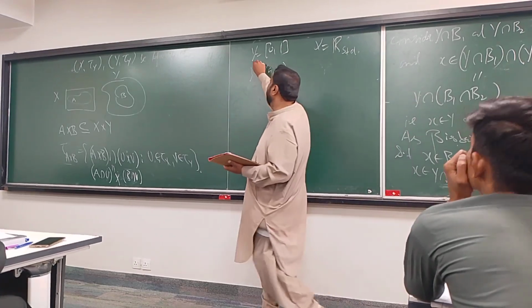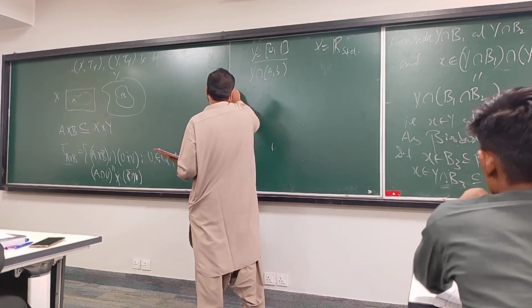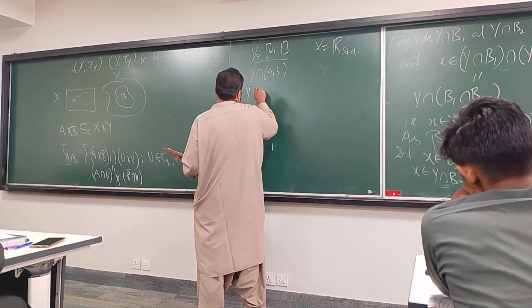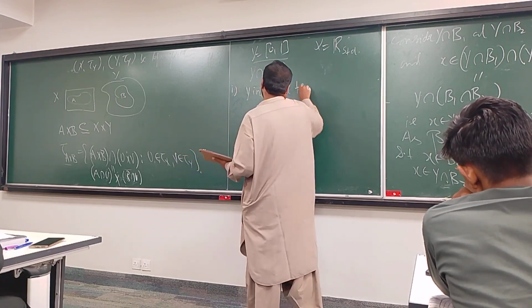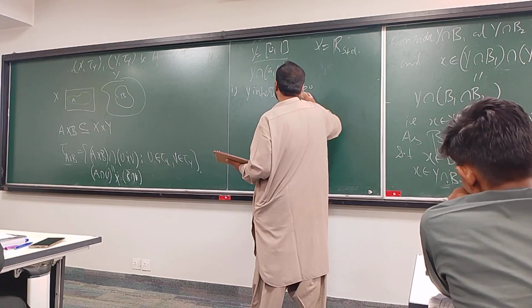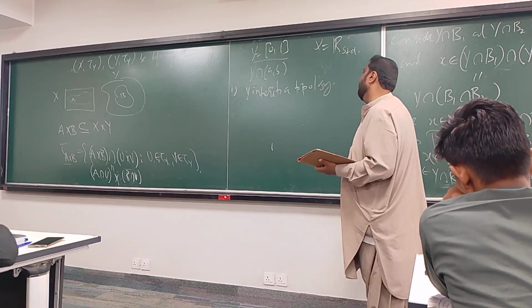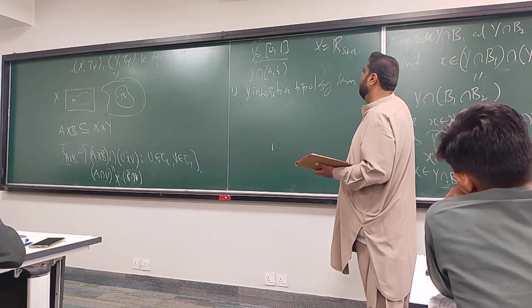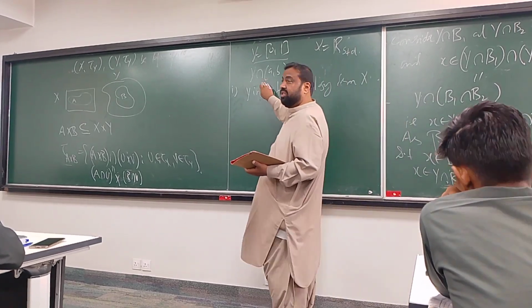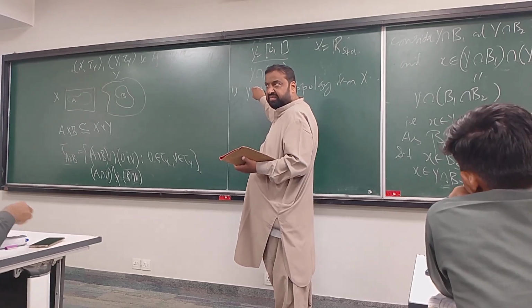So it inherits a topology. So this Y, the example is that Y inherits a topology from X, in which the open sets look like this, the union of such elements.